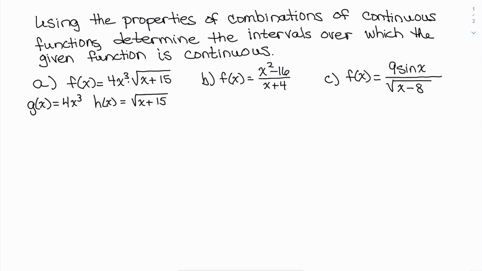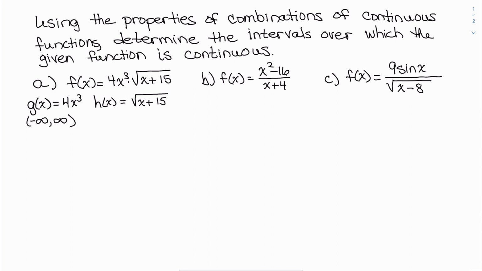So here for g of x, it's equal to 4x cubed, which is a polynomial, and polynomials in general are continuous over all reals. So that's the interval negative infinity to infinity. Now h of x is equal to the square root of x plus 15. Remember, if there's no little number in the radical, the index is assumed to be a 2 for square root.